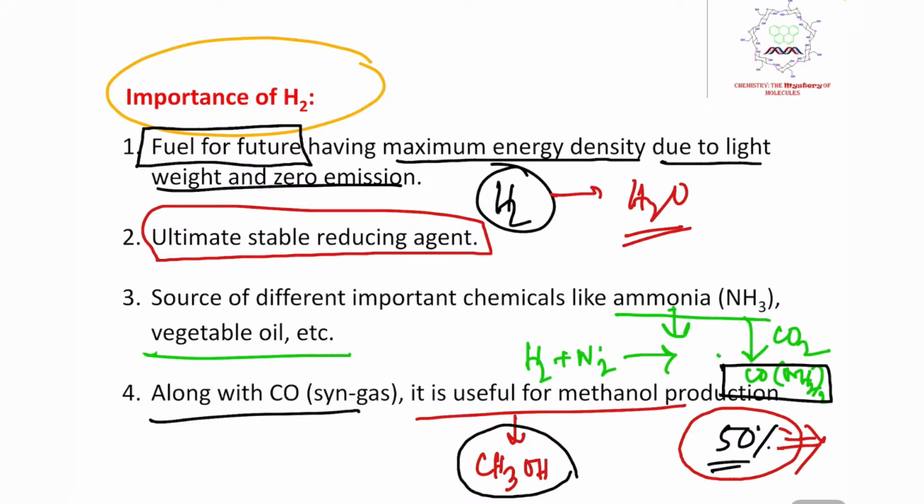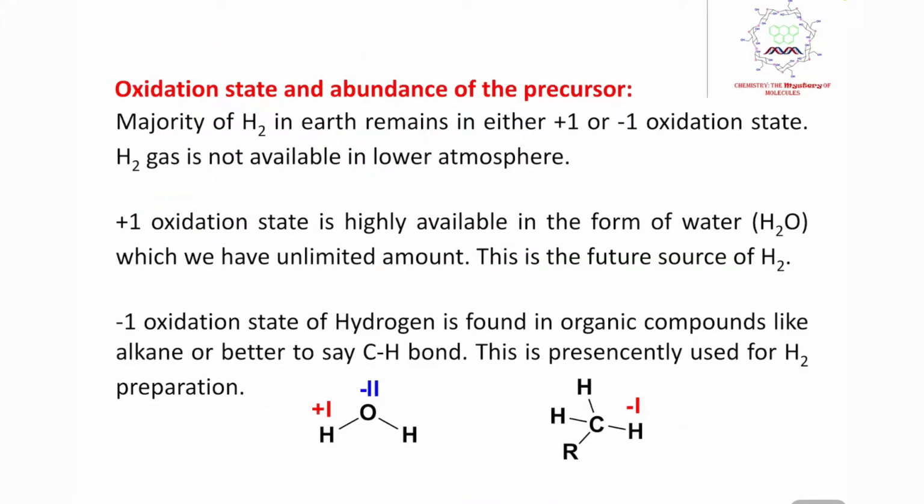Okay, now if we focus a little deeper on the oxidation state and the abundance of the precursor: hydrogen has three possible oxidation states: +1, -1 and 0. 0 is for hydrogen gas, which generally doesn't exist in the lower atmosphere. Mainly you will find two kinds of oxidation state, +1 and -1.